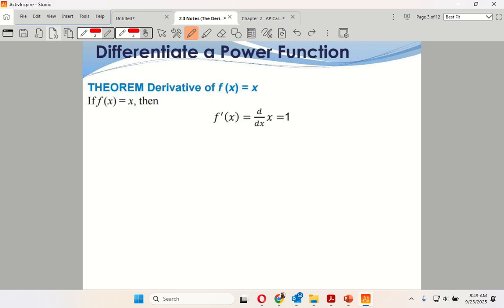Now, if it's f of x, let's pretend like I remembered back in Algebra 1. What is the slope of f of x equals x? What's the slope of this? 1. Why is it 1? It's implied, right, that there is a number 1 in front of that. So for f of x, it's actually a 1x. It's a number in front of it.